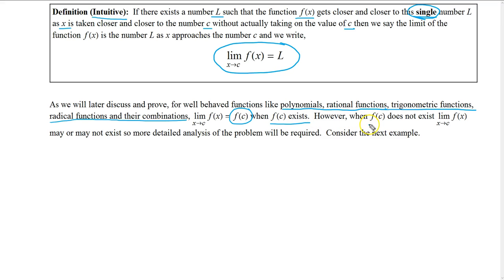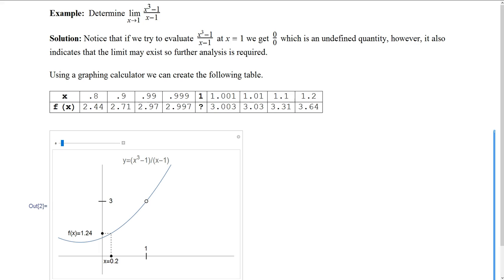However, when f of c does not exist, then the limit as x approaches c of f of x may or may not exist. So more detailed analysis of the problem will be required. And to illustrate this point, let's consider the next example. In this example, we want to evaluate the limit as x approaches 1 of x cubed minus 1 divided by x minus 1.